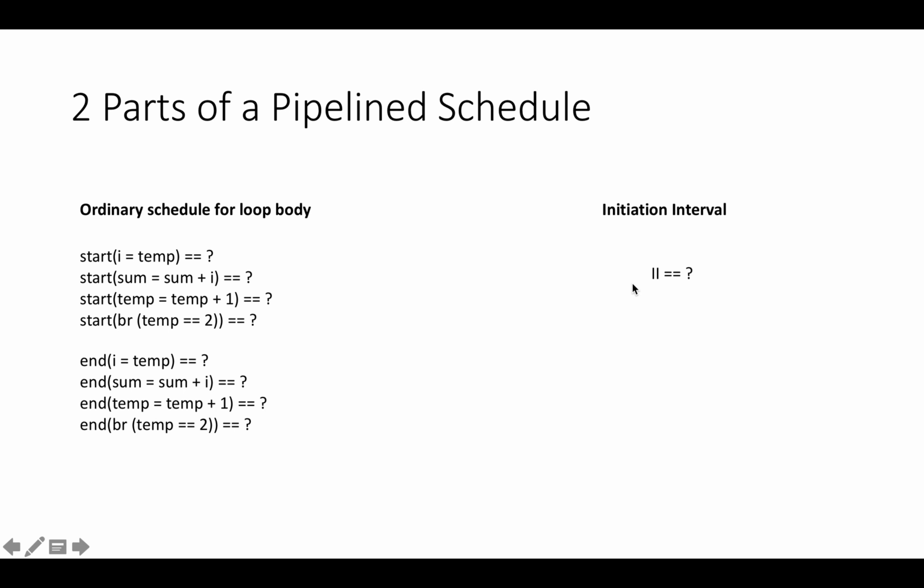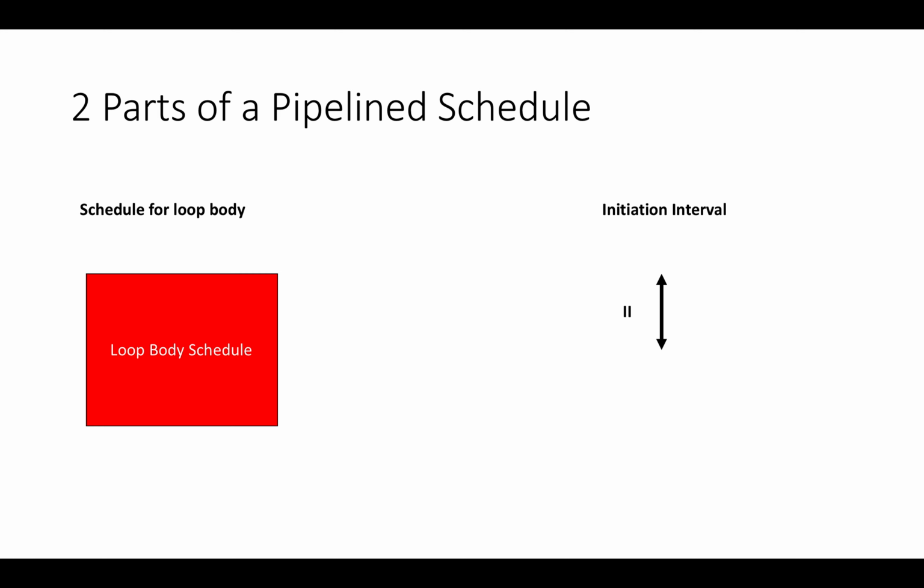The initiation interval is the time between starts of successive iterations of the loop. So pipeline scheduling is really just like ordinary scheduling in the loop body, but we're also going to compute this extra value, the initiation interval, and we're going to try to make it as small as we possibly can to get the best performance that we can.